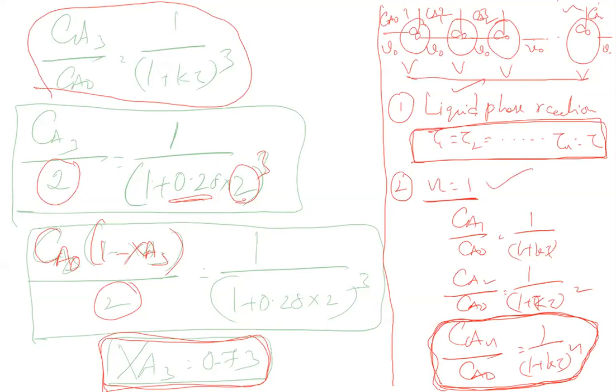Suppose you are doing a second order reaction, this is not applicable. If you are doing a gas phase reaction, this is not applicable. If the volumes are not the same, then also this is not applicable. If you remember the shortcut, you have to remember all the corresponding assumptions also. Clear? For any number of CSTRs in series, you cannot blindly use this equation.